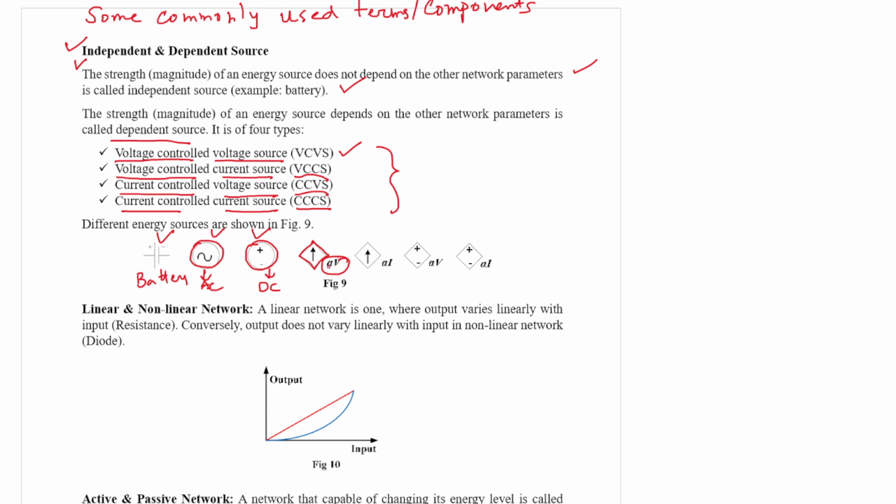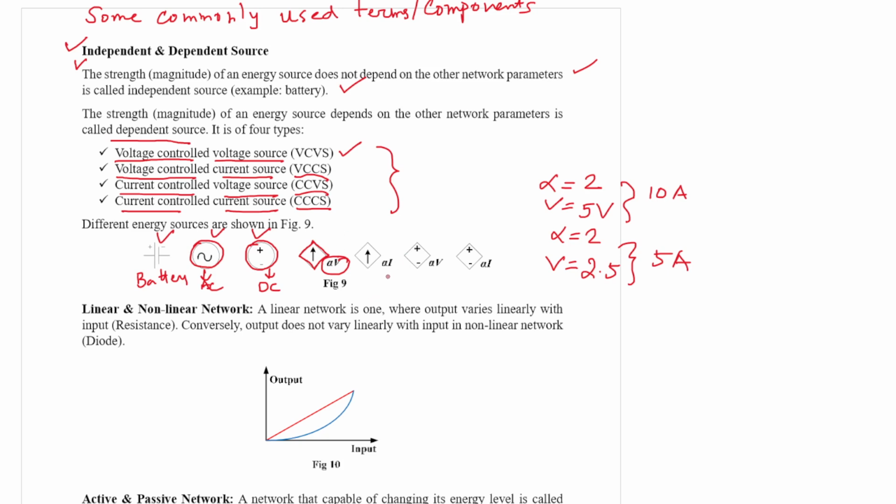V is the voltage across any component, so this current magnitude is dependent on alpha V. Let us consider if alpha is 2 and V is 5 volt, then this current magnitude will be 10 ampere. On the other hand, if alpha is 2 and V is 2.5 volt, then the current magnitude becomes 5 ampere. In this way, it is dependent.